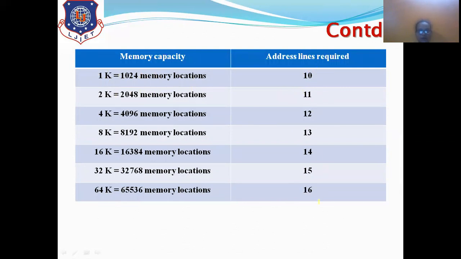Up to how many address lines do we have? The address bus is 16-bit, so a maximum of 64 KB of memory can be externally connected with the 8085 processor, and 8-bit data can be transmitted or received simultaneously. Clear? Right? So this is how address lines will be required, and when we do such examples, on the basis of this table, we will select these address lines. Clear? And do the memory mapping.